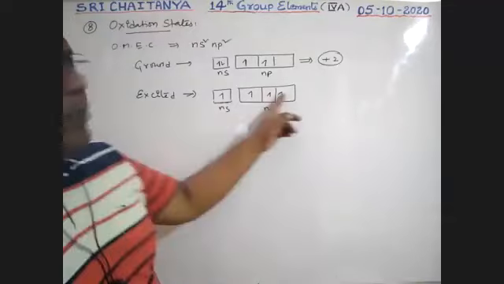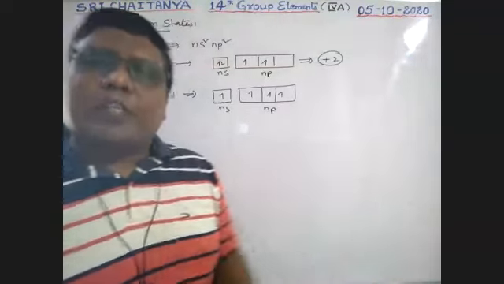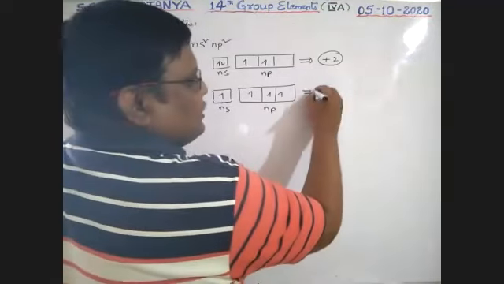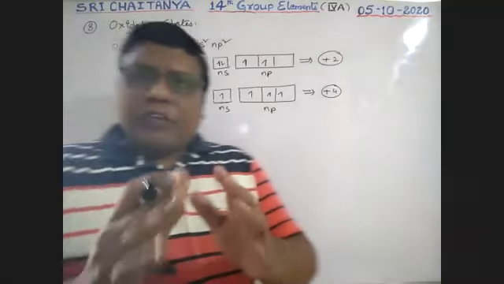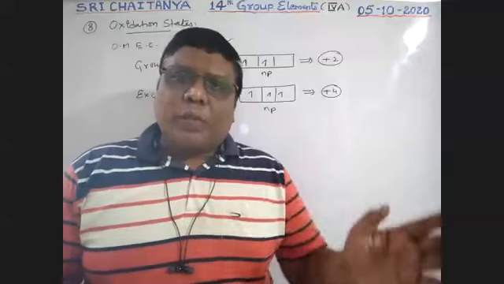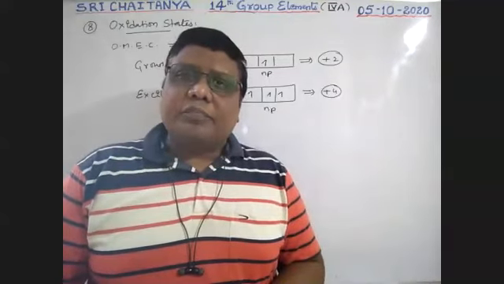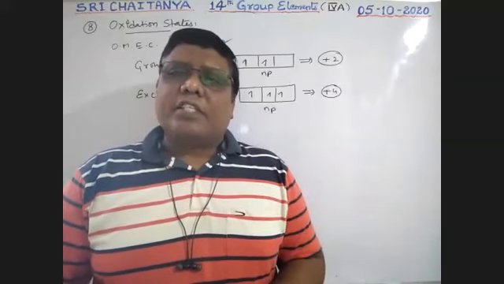It contains 3 unpaired electrons in the excited state, so 4 bonds are possible. +4 is the possible oxidation state. That means our 14th group elements can exhibit both +2 and +4 oxidation states.